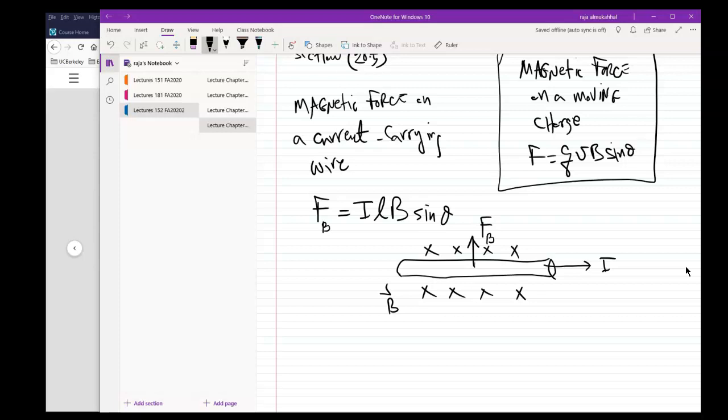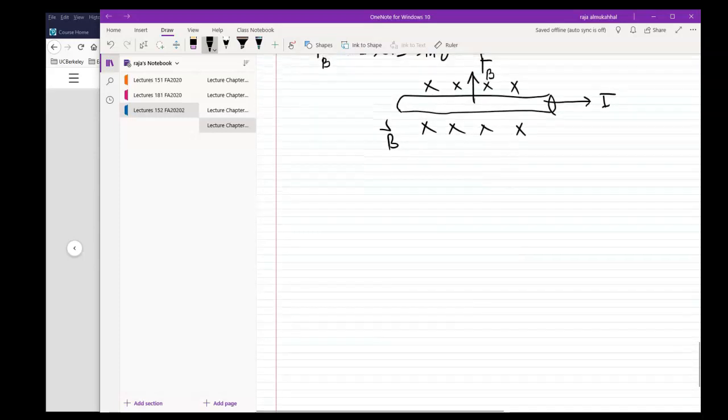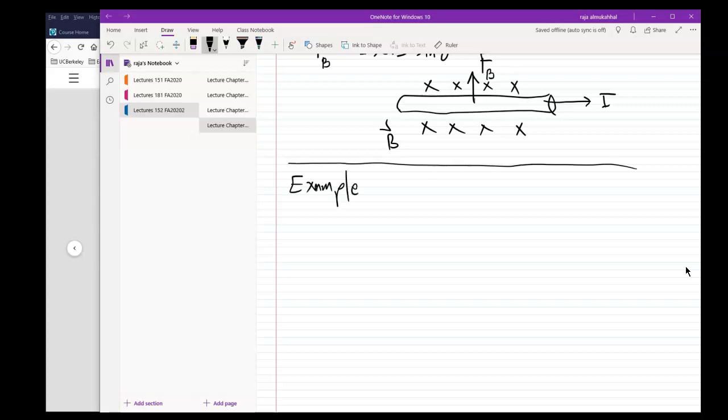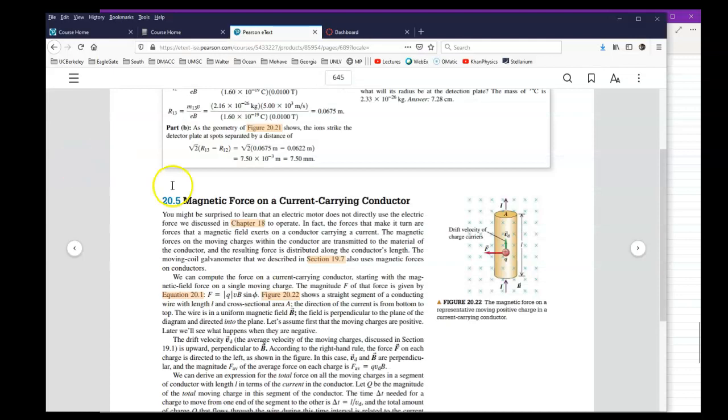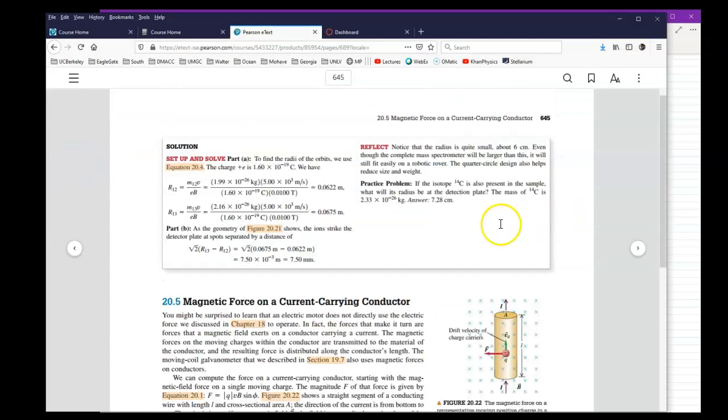Let me show you how that works. I'm going to do example 20.4. Kind of a nice example. I like this example. And that's on page 647.